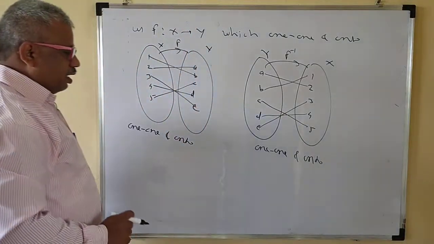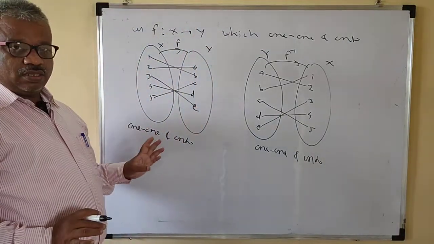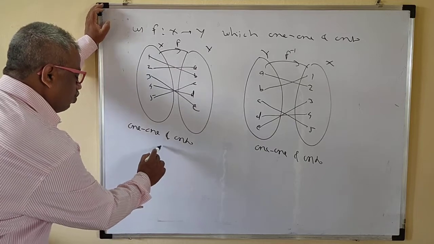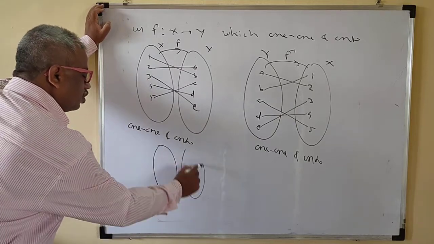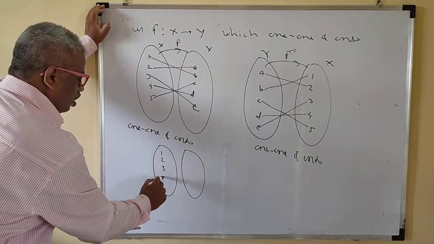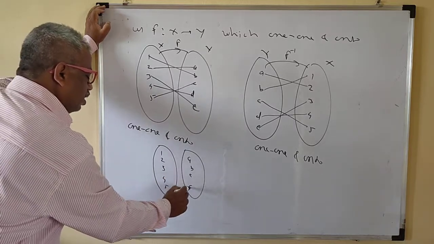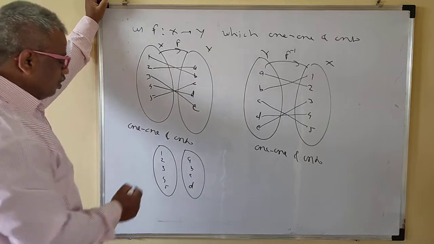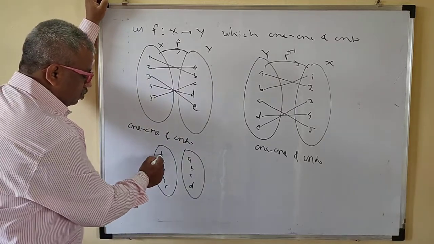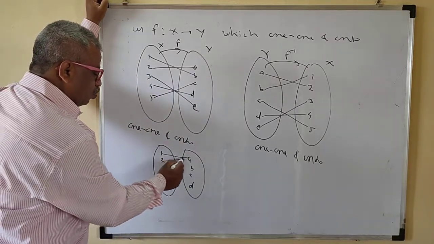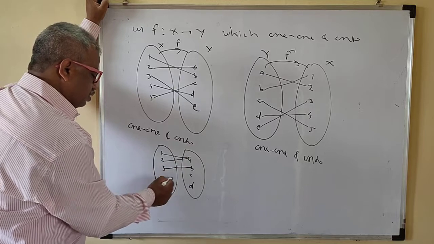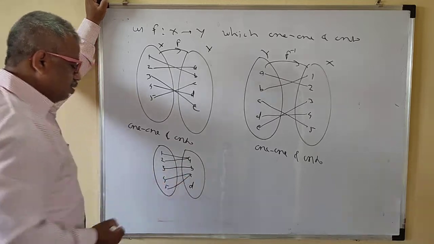Now if you take a many one function, we'll take a many one and into function. Take 1, 2, 3, 4, 5 and A, B, C, D. Many elements go to one.